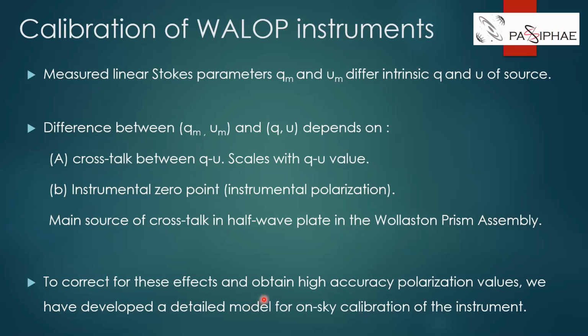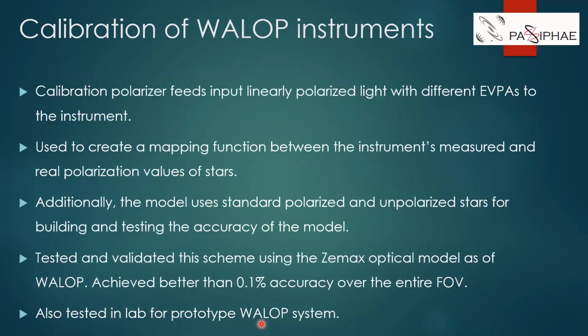So to correct for these effects and obtain the 0.1% accuracy that we aim for on sky for Wallop, we have developed a dedicated model on how to calibrate the system when we are on sky. The idea is that we will place a calibration linear polarizer at the beginning of the instrument, and this will be on a rotation stage.